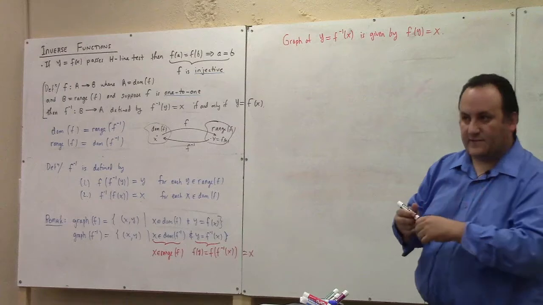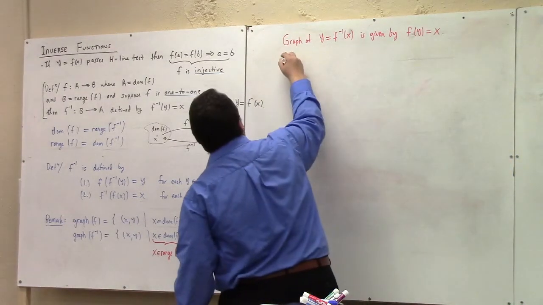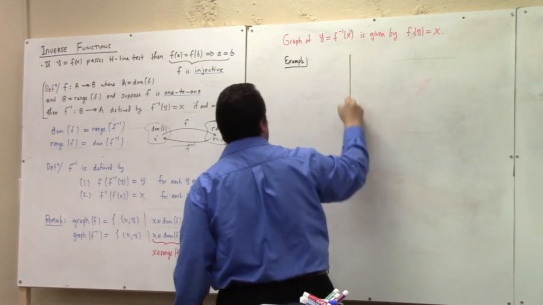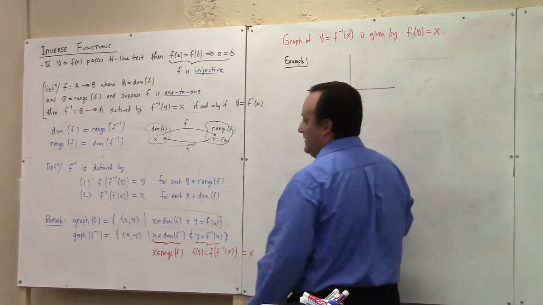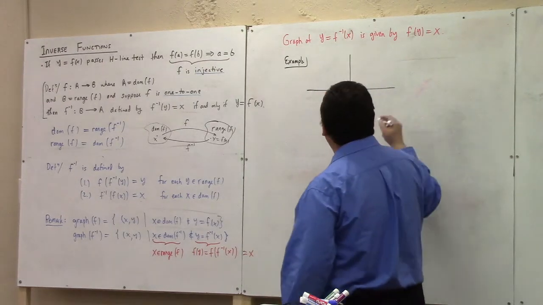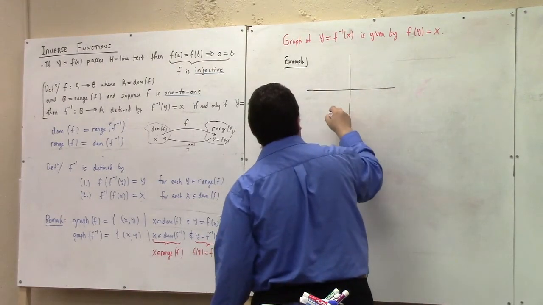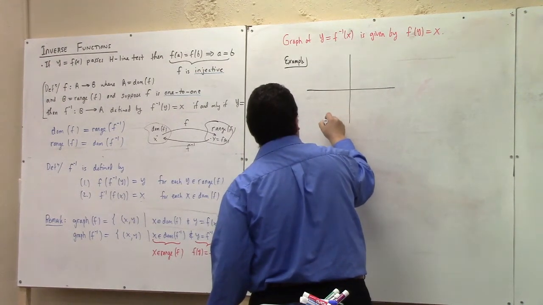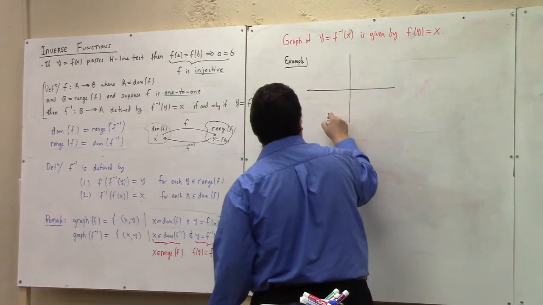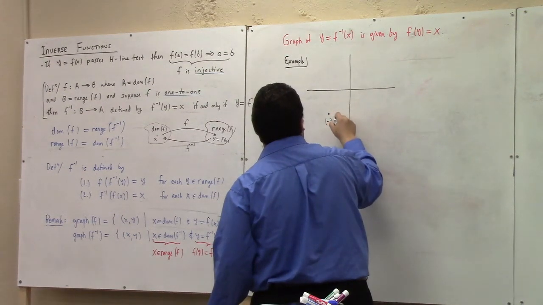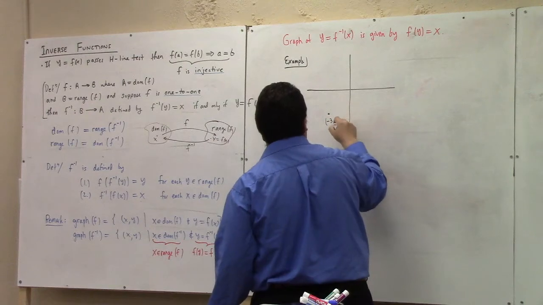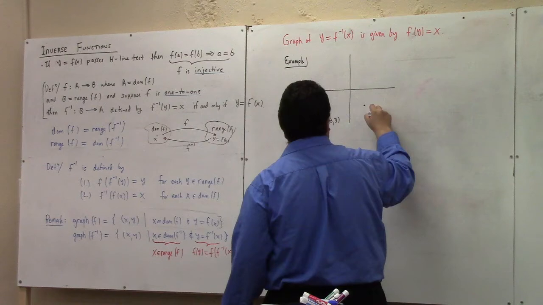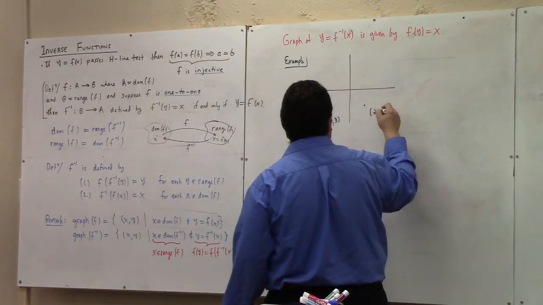So let me actually do that for a specific example. If it's going to have an inverse, I need to come up with a one-to-one function, right? So something like, let's see here. Let me go from minus 3, comma, I don't know, 3. And I'll go over here to, let's say, 2 comma minus 2.